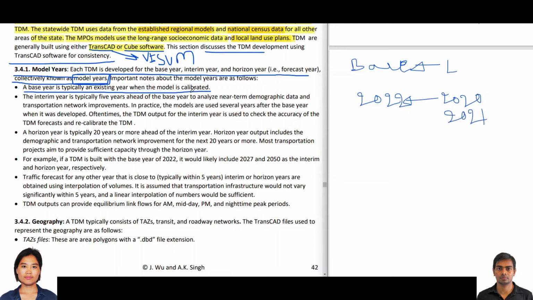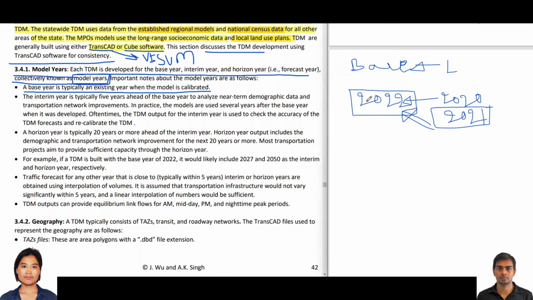What happens between the data collection and the year in which the model is being developed is that it takes time to collect big area data and compile it and bring it together. Then it also takes time to figure out all the roadway network and all the properties.